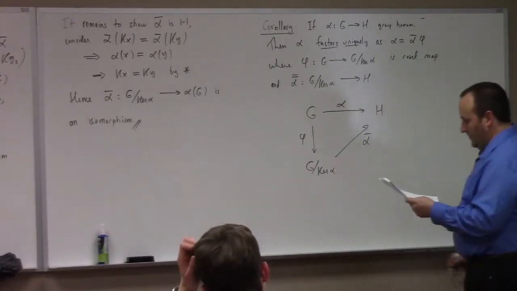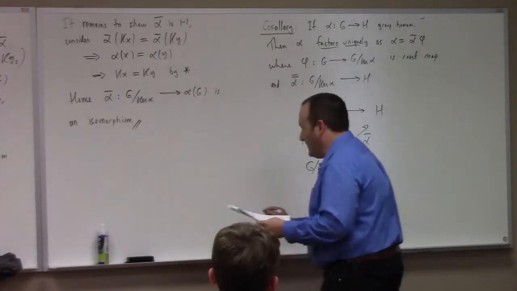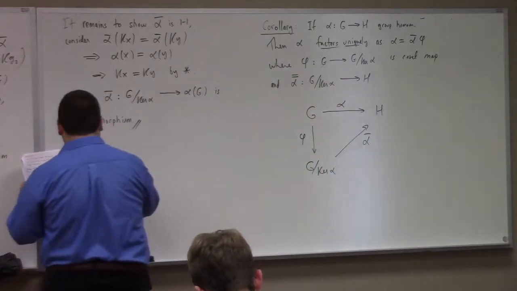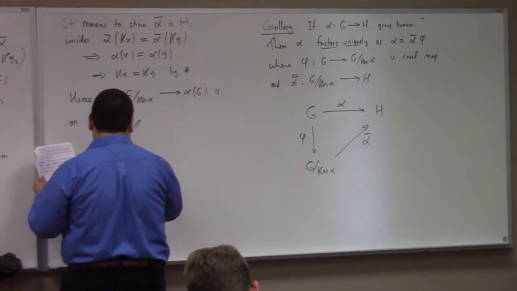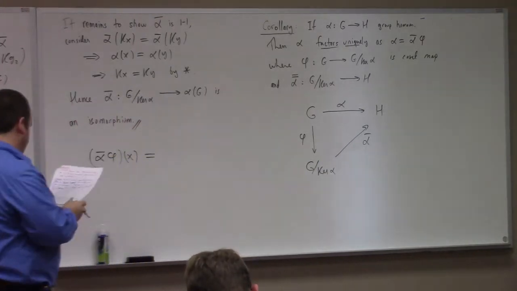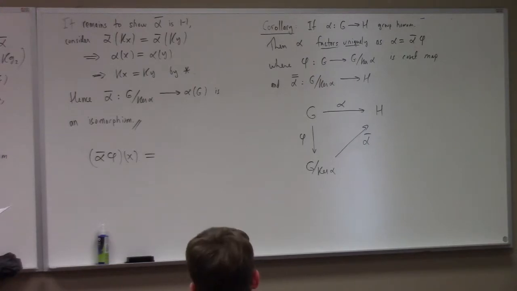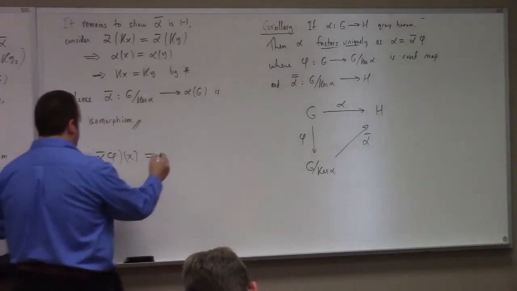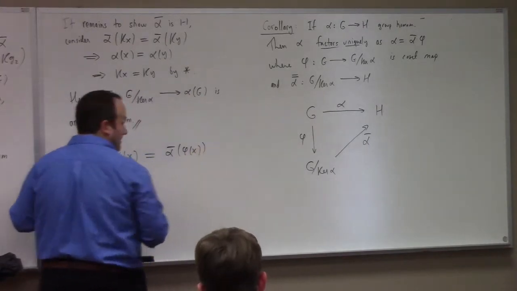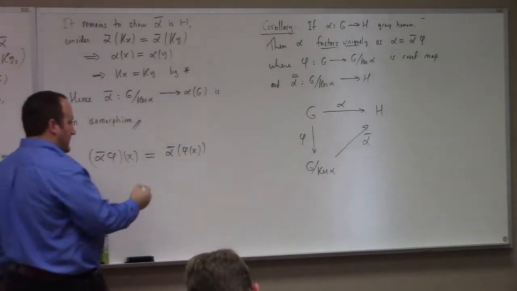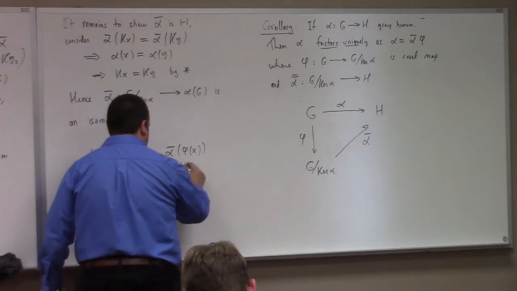So here's the interesting part of the proof. If we do alpha bar of phi of x, what do we get? By definition, this is alpha bar of phi of x. What's phi of x? Phi of x is the coset map, so that's alpha bar of kx.